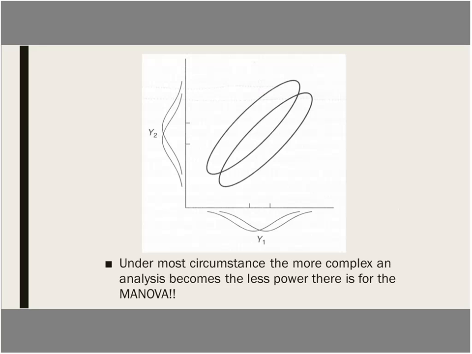Under most circumstances, the more complex the analysis is, as in a MANOVA, the more it's going to reduce the power of the test. So the more complex the design, the more difficult the interpretation, and there's a reduction in power of the test.